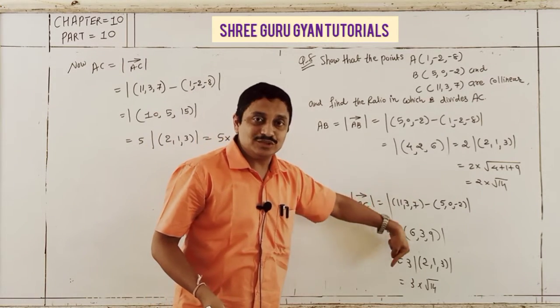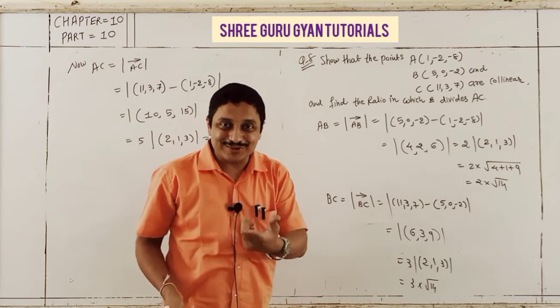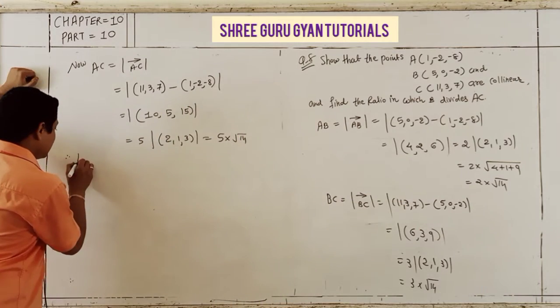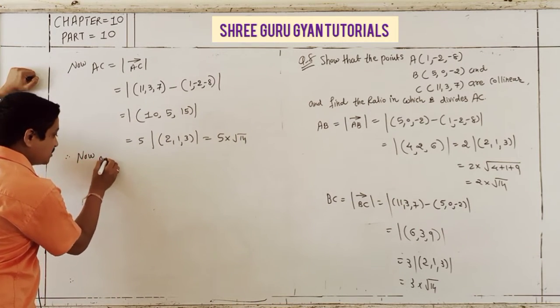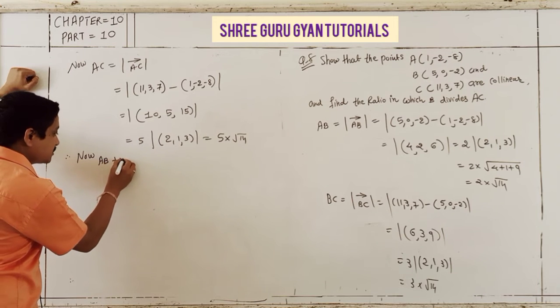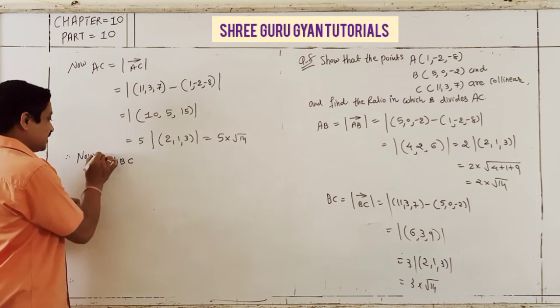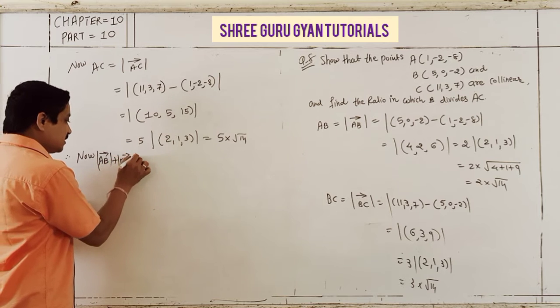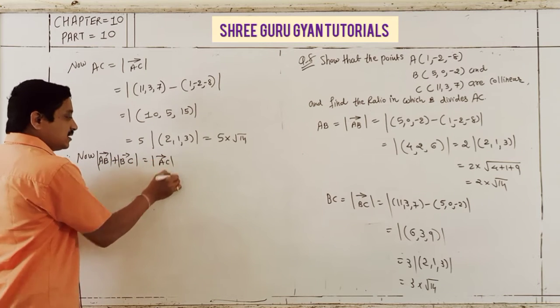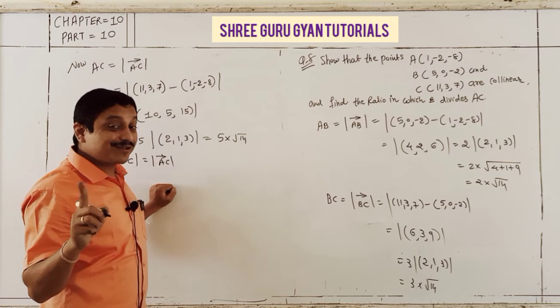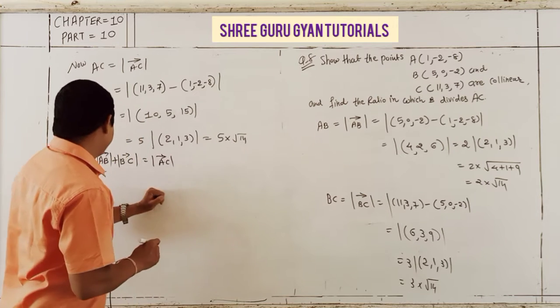Sum of the both, 3 root 14 and 2 root 14. So I will write down, therefore AB distance plus BC distance is equal to AC distance. It means it is confirmed collinear, not a triangle.